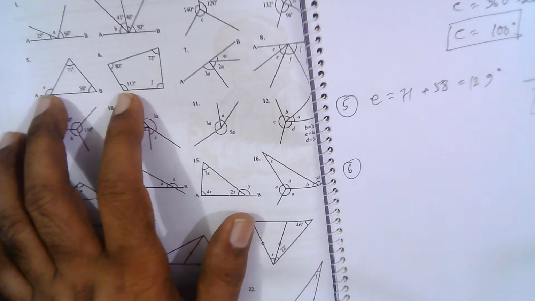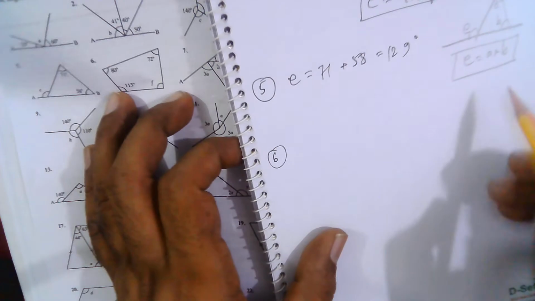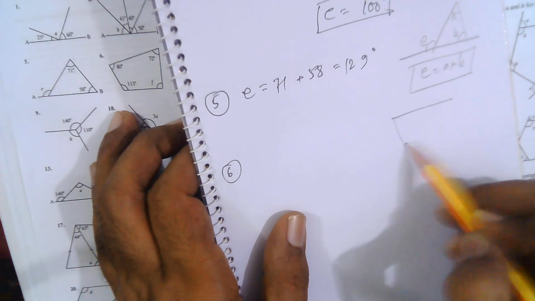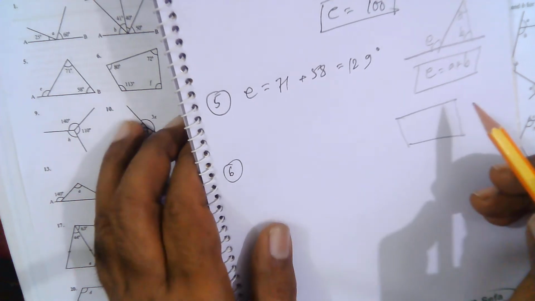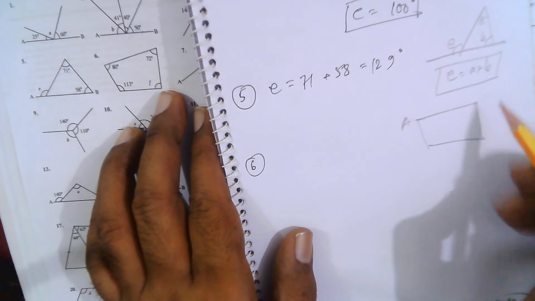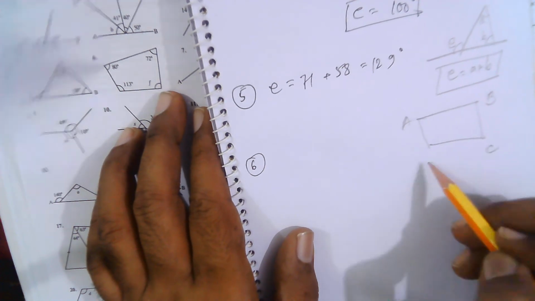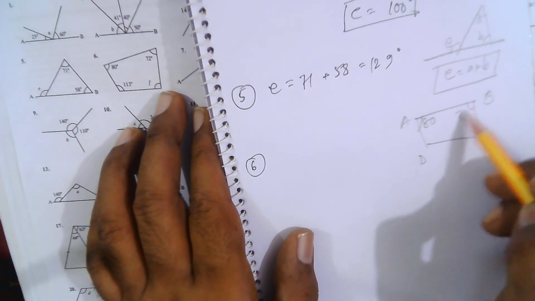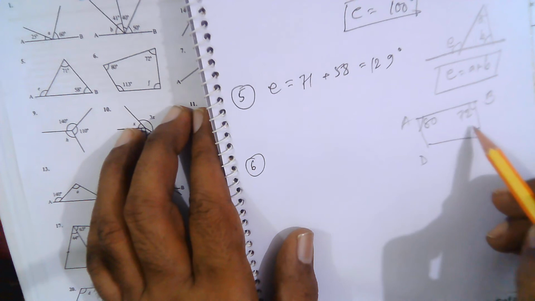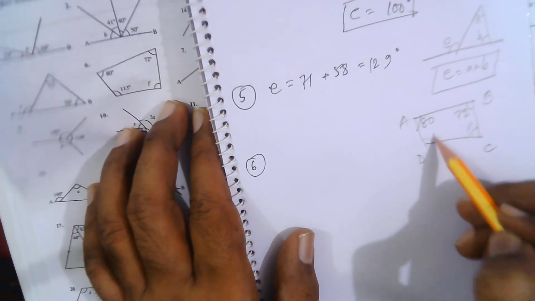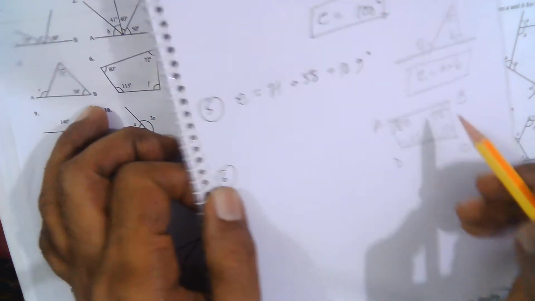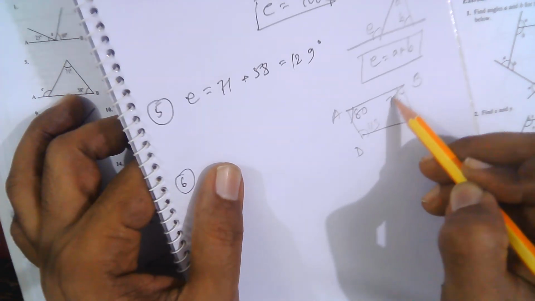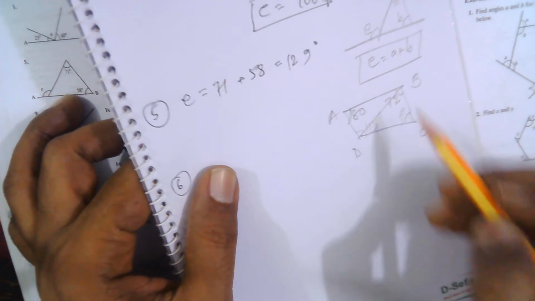We know for a quadrilateral, for example, A, B, C and D, it is 80, it is 72, F is unknown, it is 113. If we produce a diagonal, what will happen?